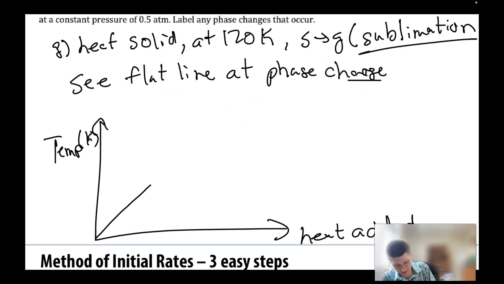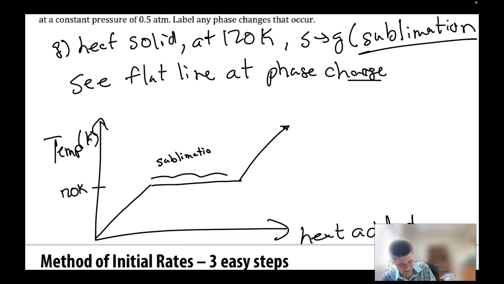We'll have a certain amount of heat that's going to cause us to increase our temperature at 120 Kelvin here. We'll do a phase change, and then we'll start heating the gas, which will cause us to increase our temperature further. So right here, this is our sublimation solid to gas phase change.